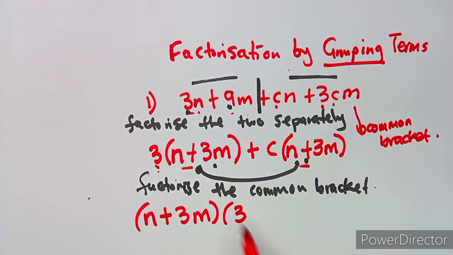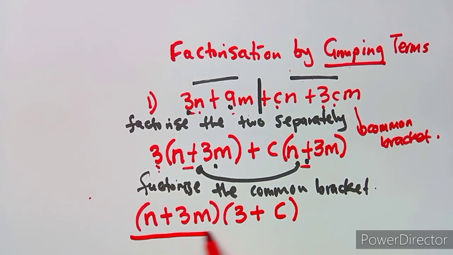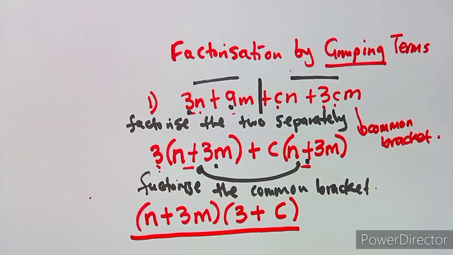So you open a bracket for 3. This bracket and this bracket cancel, you're going to be left with C. So you're going to remain with plus C like this. So this is what you're going to have at the end. At the end, you are going to have 2 brackets. When you are factorizing by grouping, your answer is going to have 2 brackets depending on the type of question that you are given.